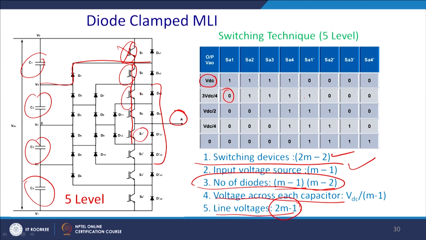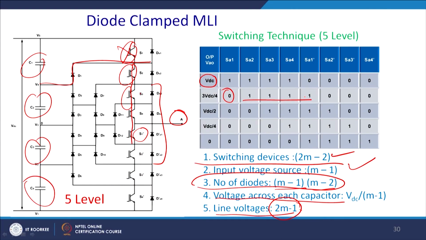So, at a time a set of 4 switches are on, and gradually it shifts one by one. It is just like a shift register, very easy to design this kind of circuit in the digital domain. These will all be on, and since they are complementary, there will be 0.